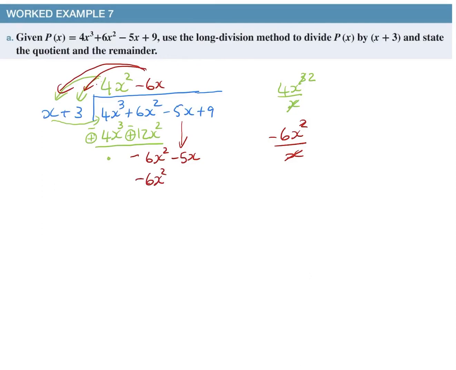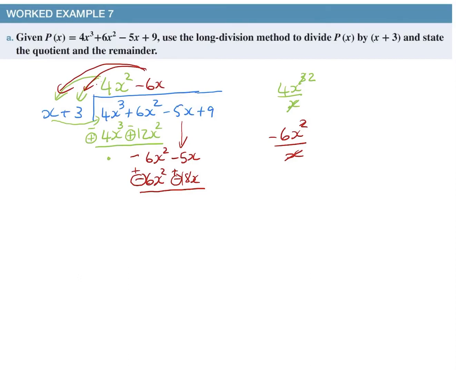So the leading coefficient will always be the same. Negative 6x times plus 3 will give us negative 18x. I'm going to subtract. Once I subtract, my signs change, because taking away a negative makes it a positive.